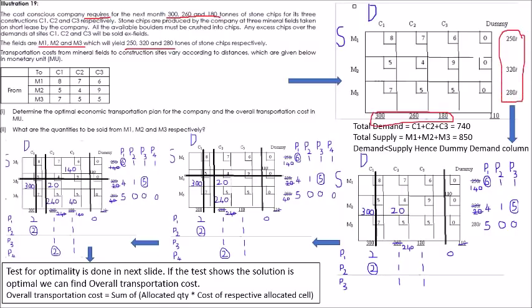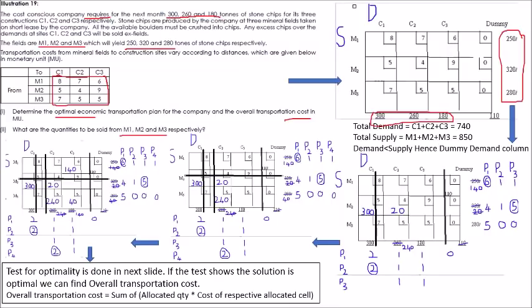Okay guys, now the transportation cost matrix is given here. We need to find the optimal transportation plan and the transportation cost, and the quantities to be sold from M1, M2, M3 respectively.